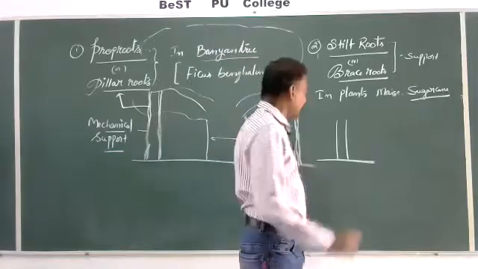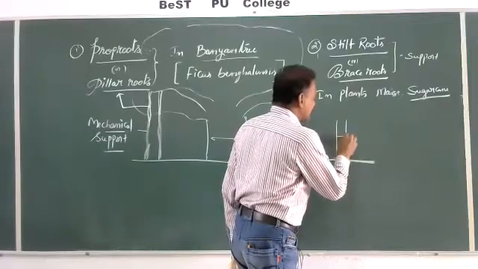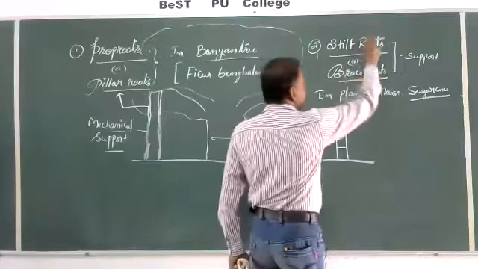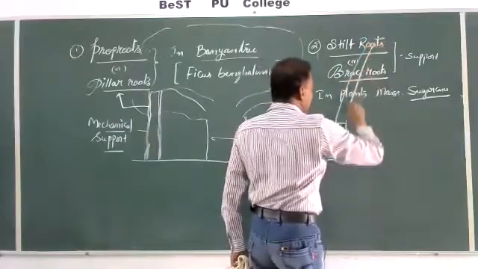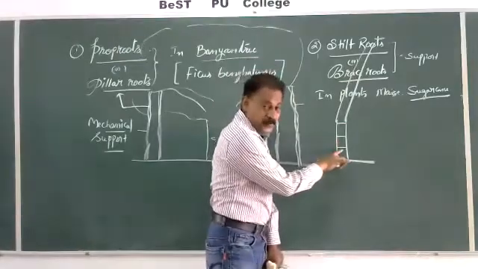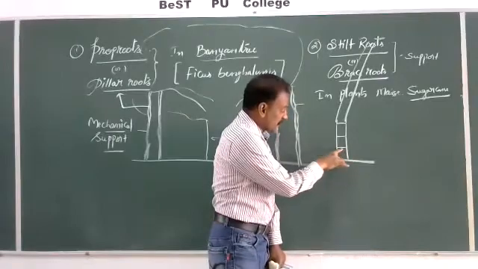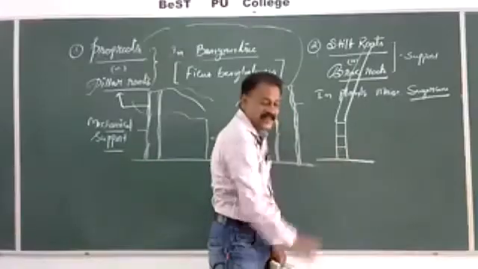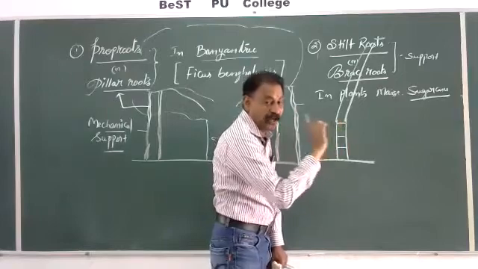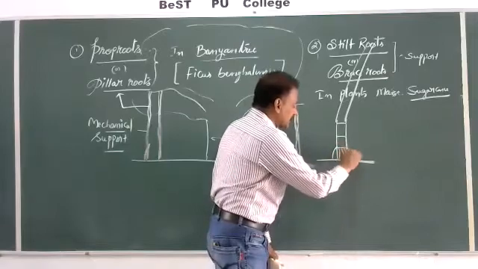These unbranched stems have nodes at regular intervals. From the base, the basal nodes, the nodes just near the soil, in the form of a whorl or circle, so many roots develop.